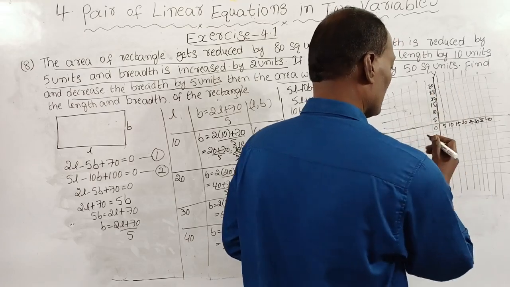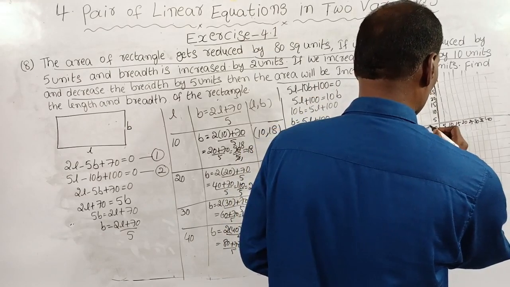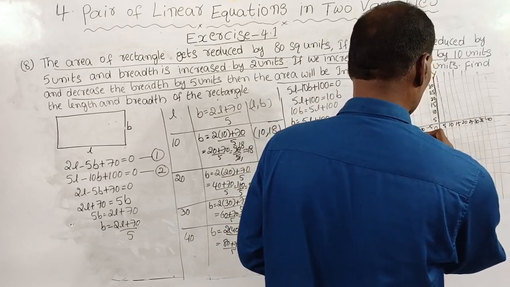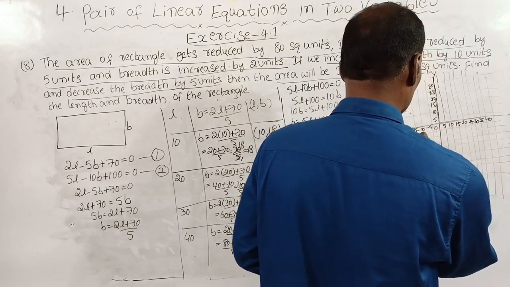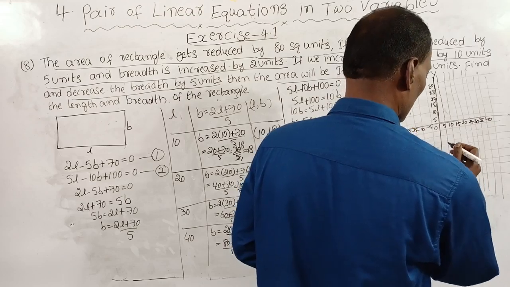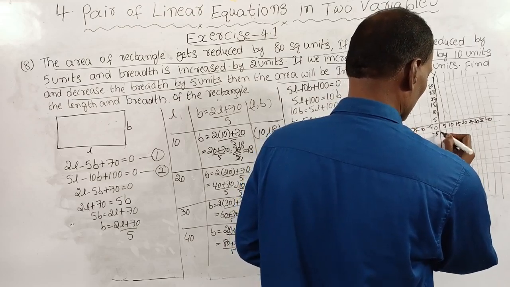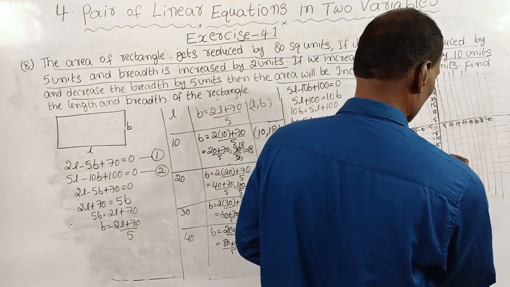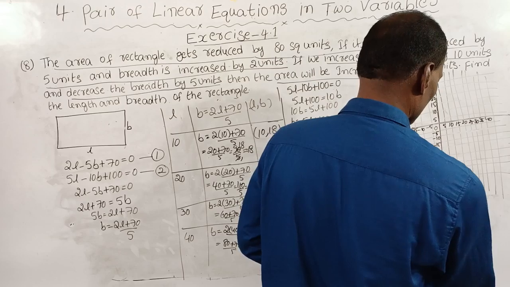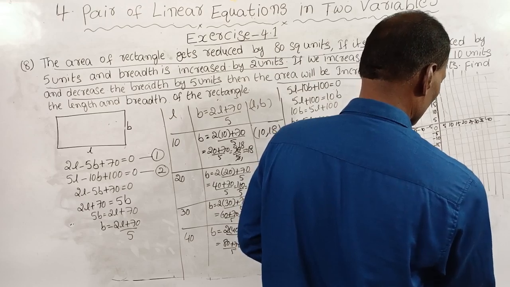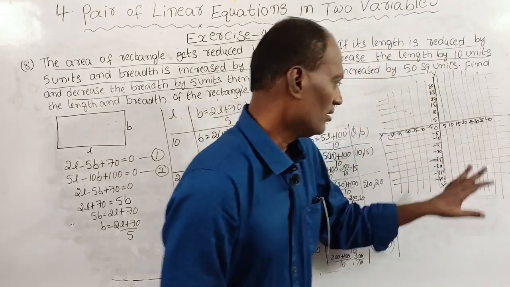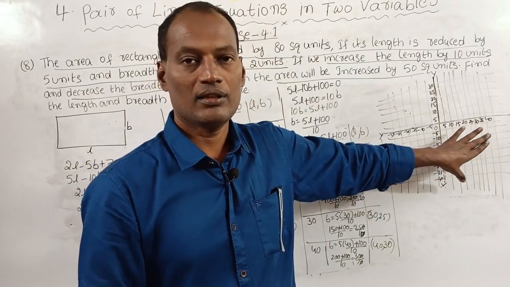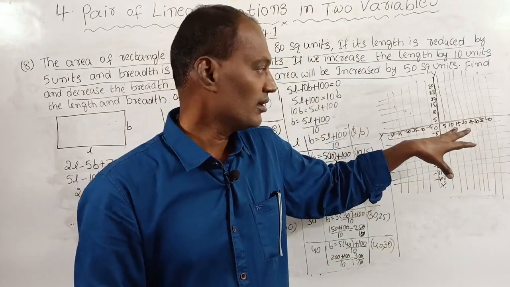When it comes to the left side, it will be minus values: minus 5, minus 10, minus 15, minus 20, minus 25, minus 30, and the downside will also be minus values. You know how to mark the positive values and negative values.